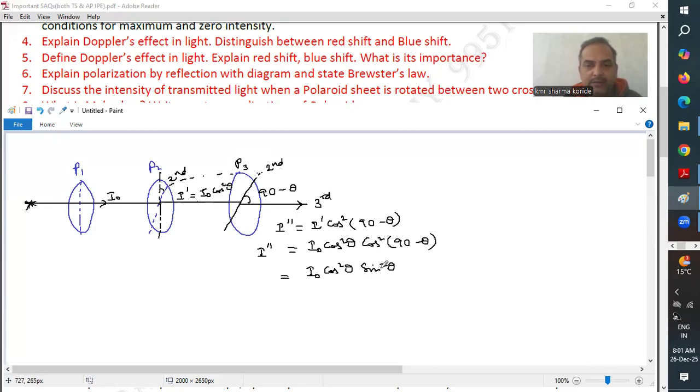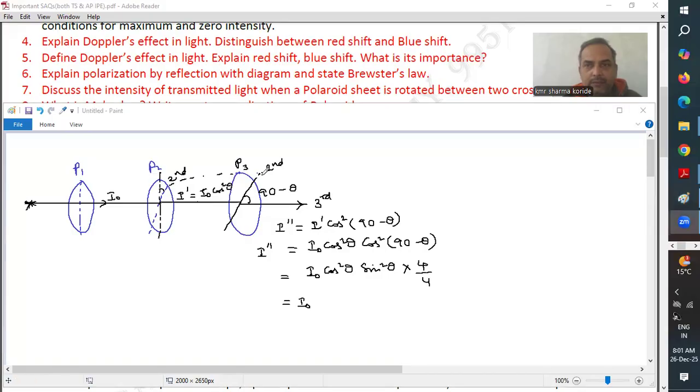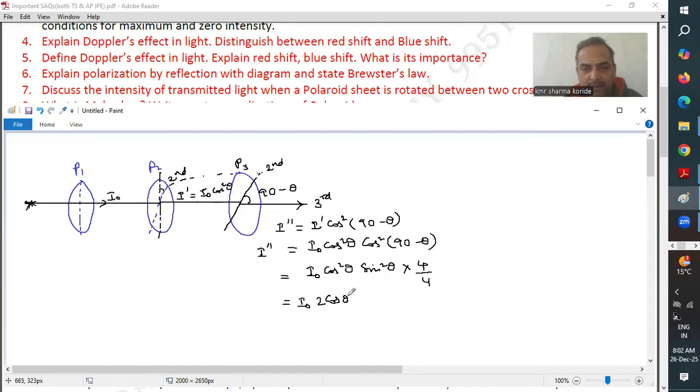We can also express this in terms of sin 2 theta, multiplying and dividing by 4. We can write this as I naught, and you split this 4 as 2 into 2. You take one cos theta and one sin theta from this, and there are 2 more here, cos theta and sin theta, whole divided by 4.